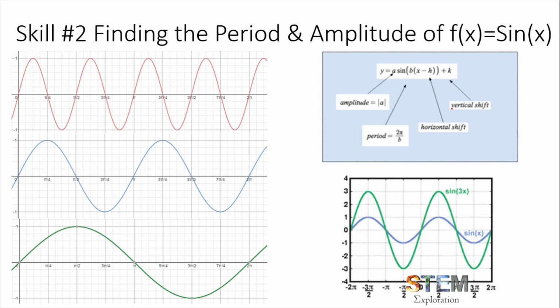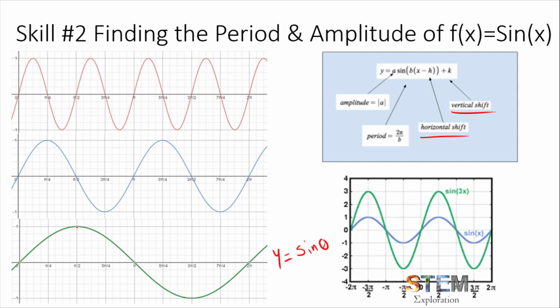I'm not too worried about the horizontal and vertical shift yet. We'll get to that in a later video. But what I want to point out here is that this is a normal y equals sine theta example.